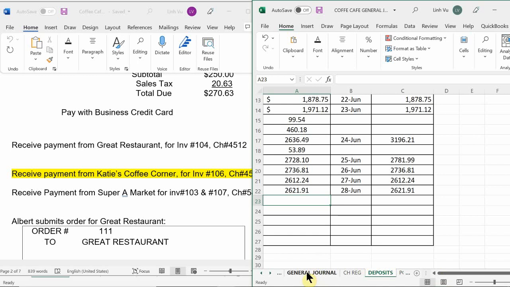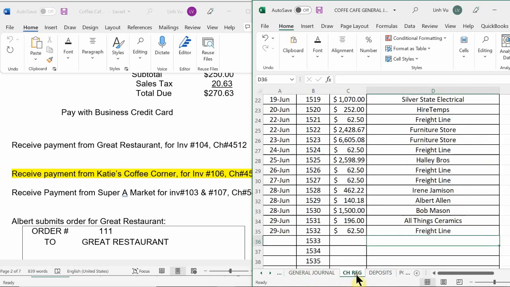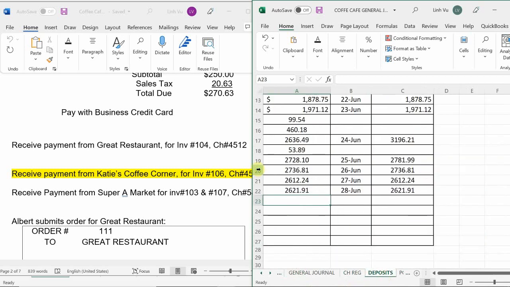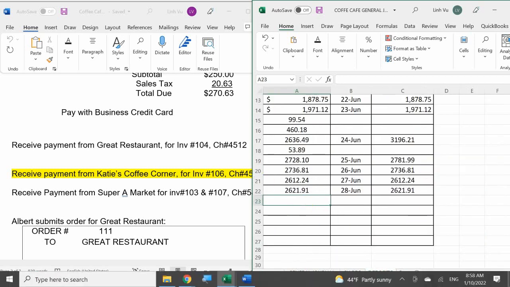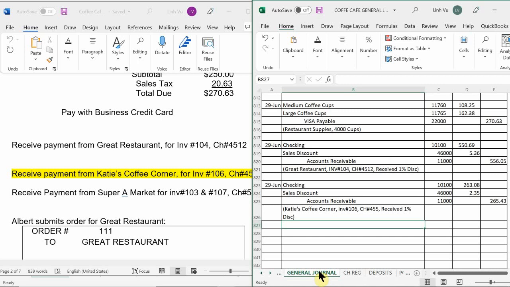Let's see how much was Great Restaurant, $550.69. And then we just received a check from Katie for the 263.08.